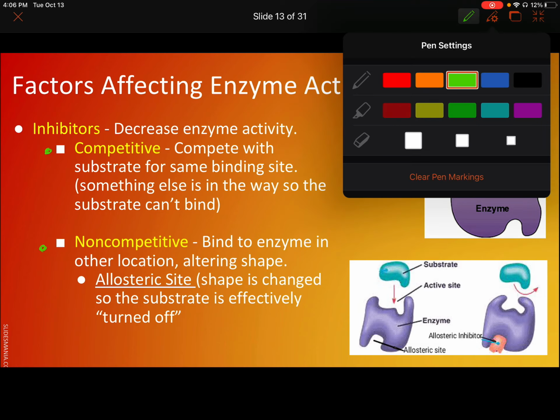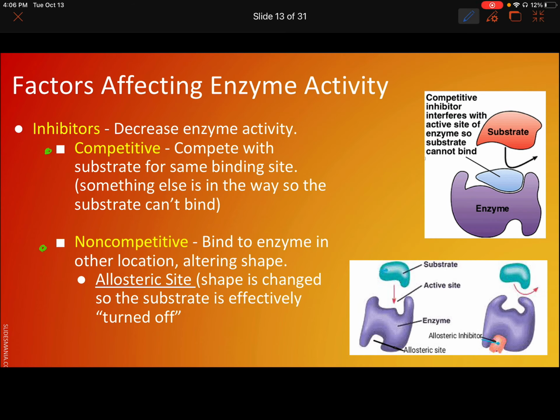But basically, a competitive inhibitor means that something else, so you have your enzyme, you have this other thing that is able to bind to it, basically blocking the substrate from being able to bind. So remember yesterday when I was talking about the toothpicks, I put that round ball in my hand?